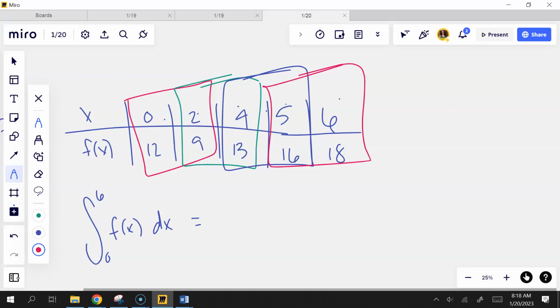Are y'all following me? All right, so trapezoid 1, this one, my height or my width across is going to be 2. And then here's base 1 and base 2. So 1/2 height, base 1 plus base 2.